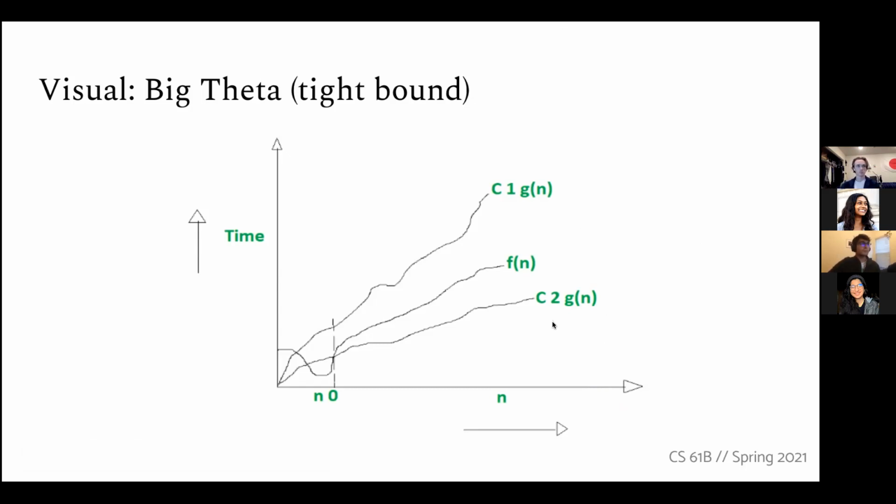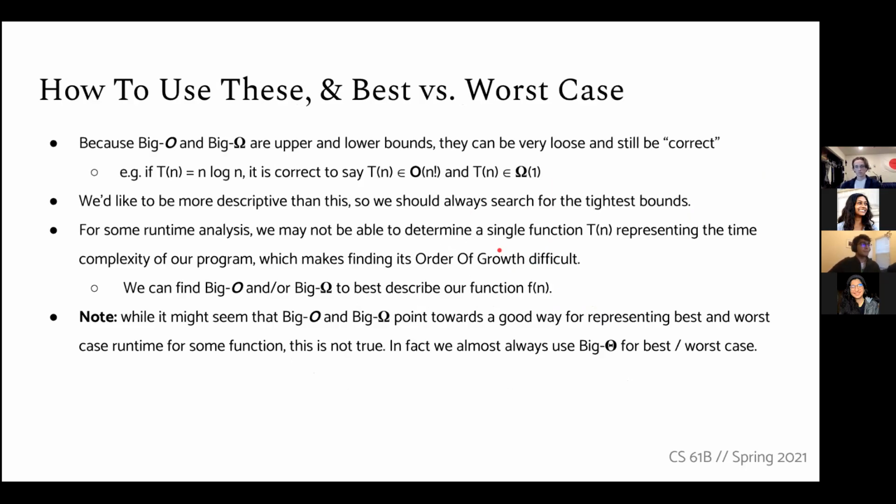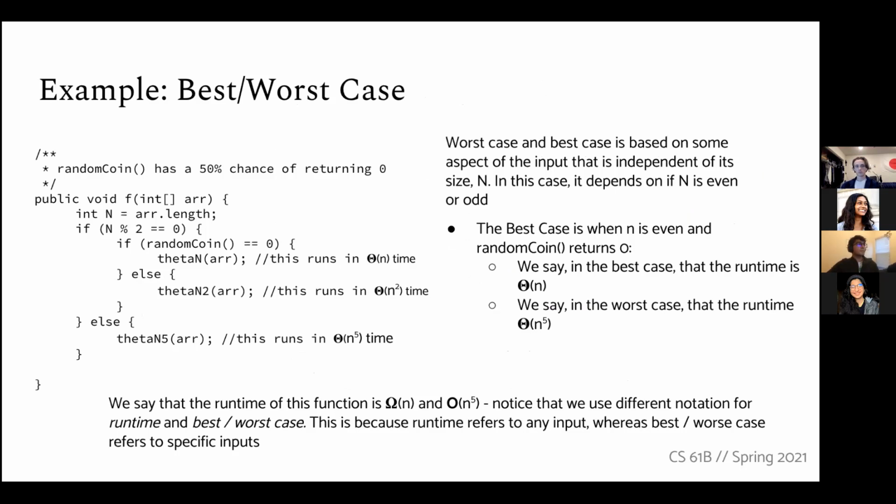And same thing with the random coin: because you're flipping a random coin, where that coin lands will be independent of the size of your input. So just the same way that we can get a big O, a big theta, or a big omega runtime for our function as a whole, we can have these same things appear when we're doing best case and worst case, depending on our function itself.